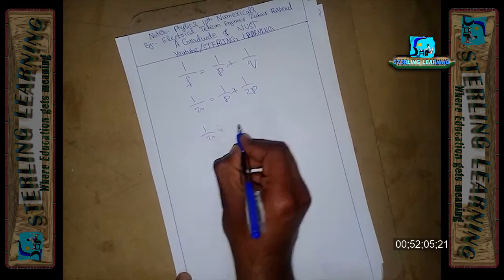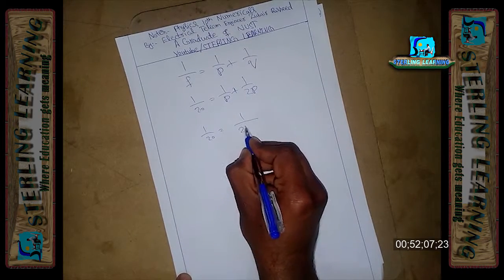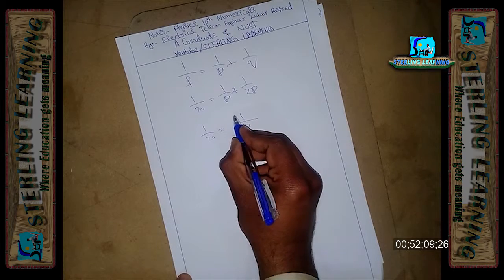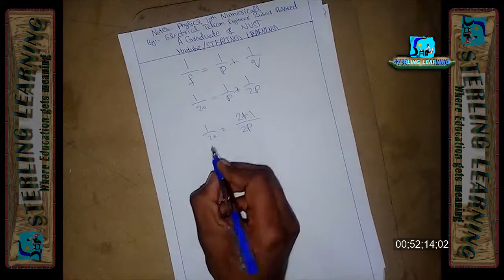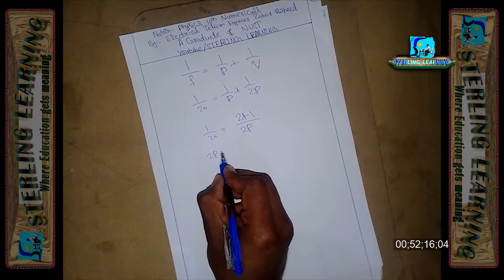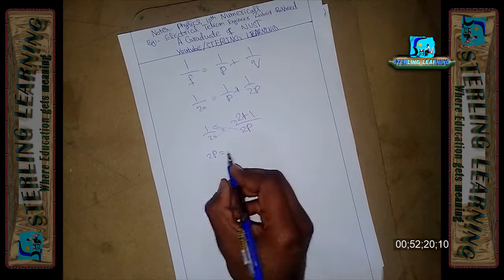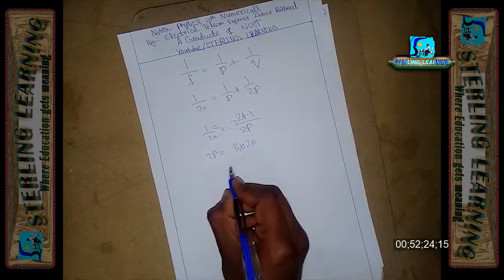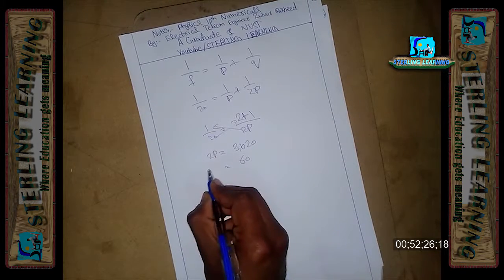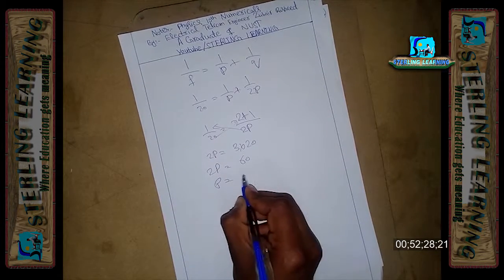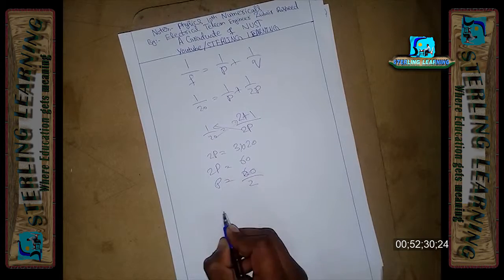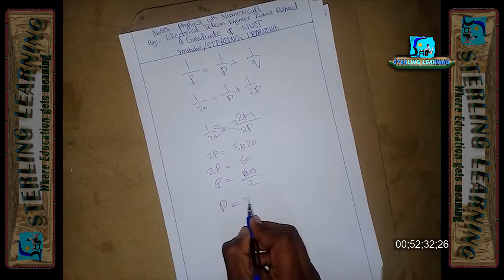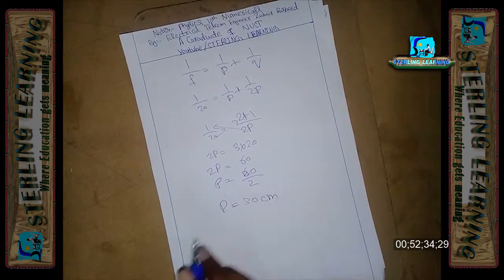So 1 over 20 is equal to (2 plus 1) over 2P. This goes there and this goes there. 3 into 20 is 60, so 2P is 60. P is equal to 60 by 2. P is equal to 30 centimeters.